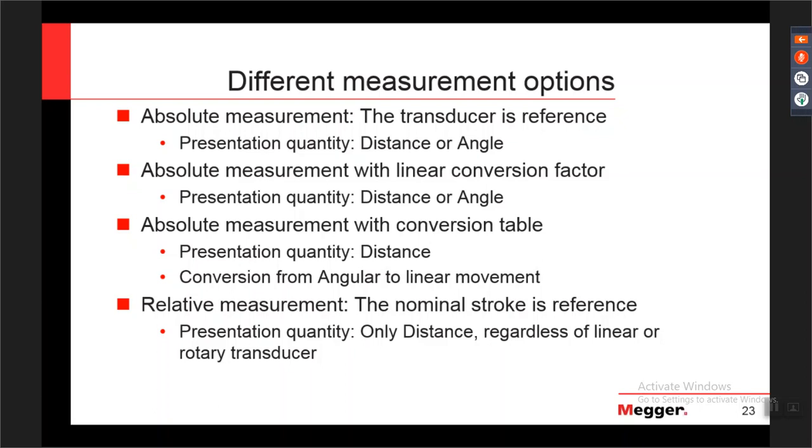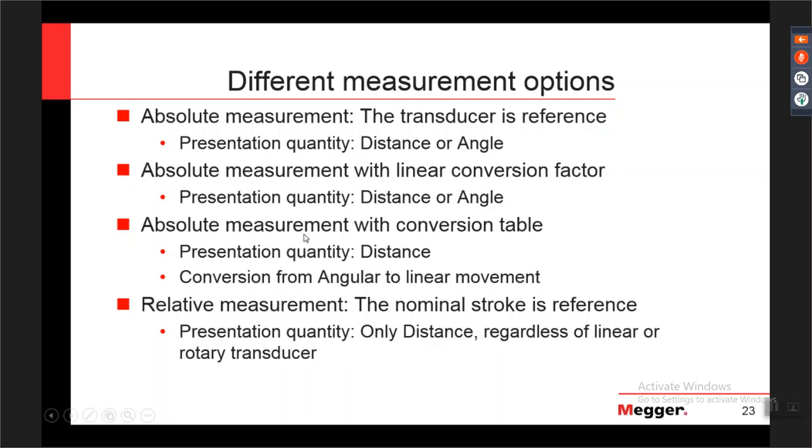As I said, 1 millimeter at the contact is 1 millimeter at the transducer, and you can have both angular and linear transducers in this case, and it will be presented in the same quantity. The second one, absolute measurement with linear conversion factor, has the same presentation in distance and angle.